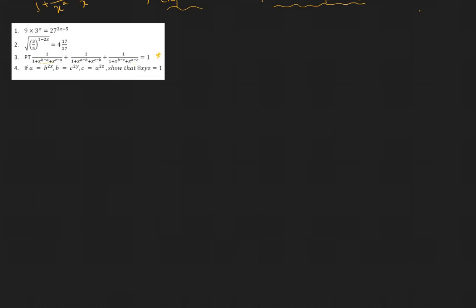So let's start with a is b power 2x. That's given for us, right? Now b is nothing but c power 2y, so I can say this is c power 2y power 2x, and we know that that's equal to c power 4xy. And I have to remove this c, and that we can do by substituting a power 2z.